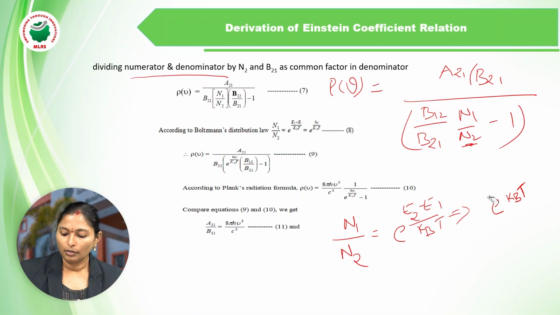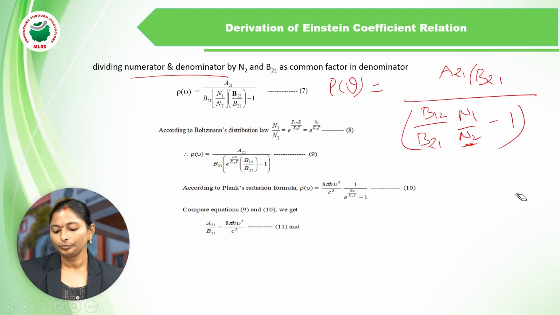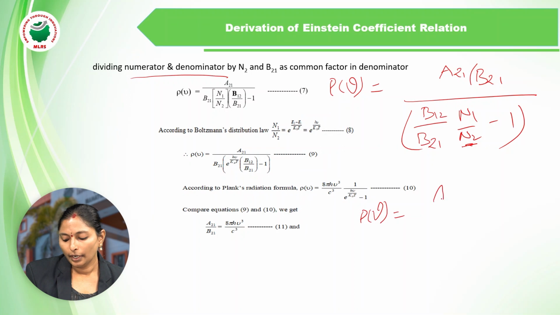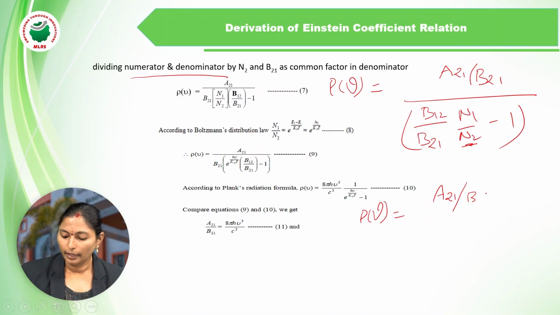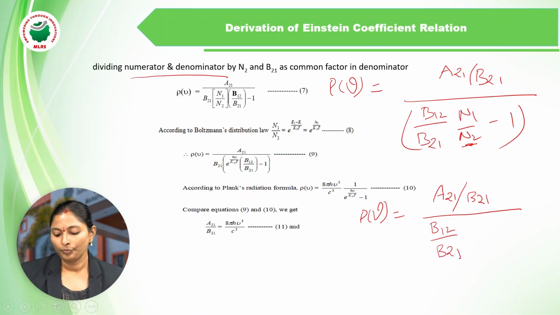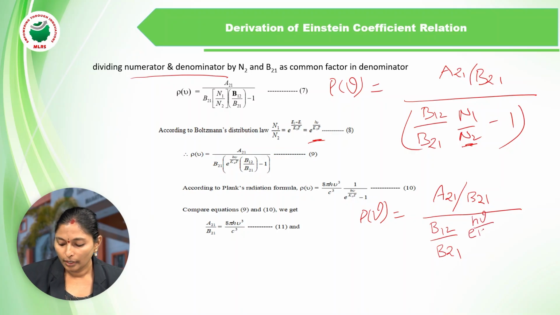So now the equation is going to become rho nu equal to A21 by B21, over B12 by B21, then e power h nu by KBT minus 1.